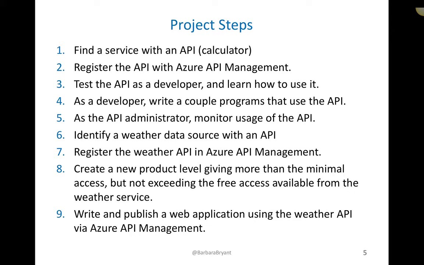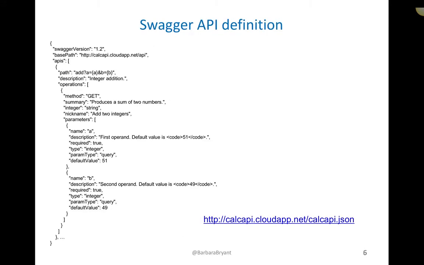Then I wanted to get into the problem I was really interested in, which is weather. So I identified a weather data source, registered that weather data source's API in API Management, and then created a new, what they call product level in Azure, which is a way of controlling access. And finally, I wrote and published the web application about weather.